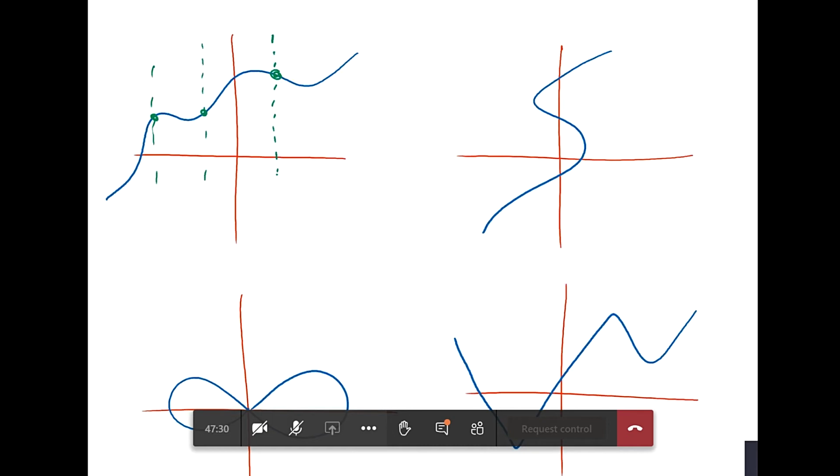So this curve is function. Okay, the second one, look at this. If we have vertical line test, how many intersection points? We have 3 intersection points. So this is not function.